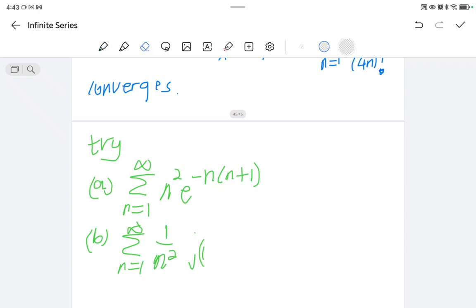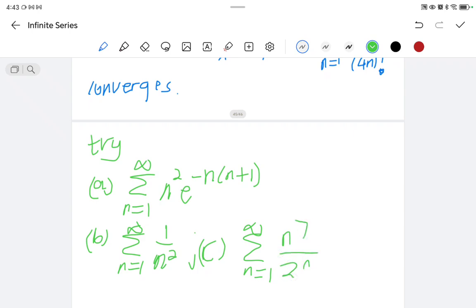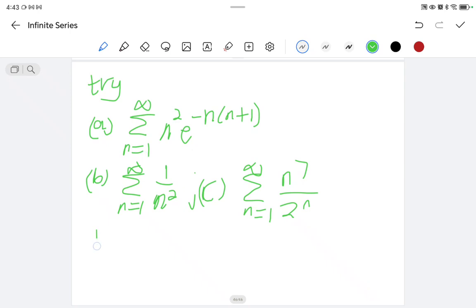For C, try the summation n equals 1 to infinity of n to the 7 over 2 to the n. And then for D, you can try the summation n equals 1 to infinity of 2 to the n over n to the third n plus 4.